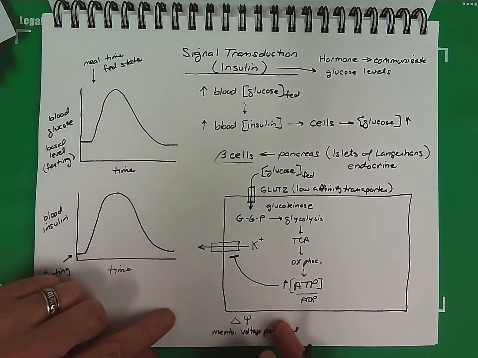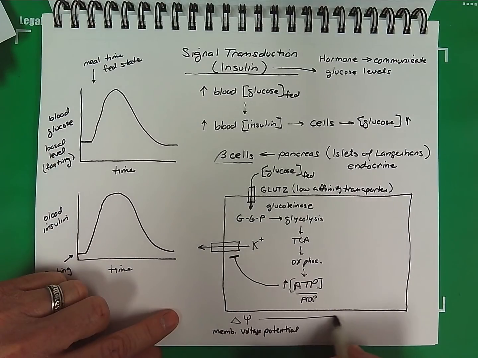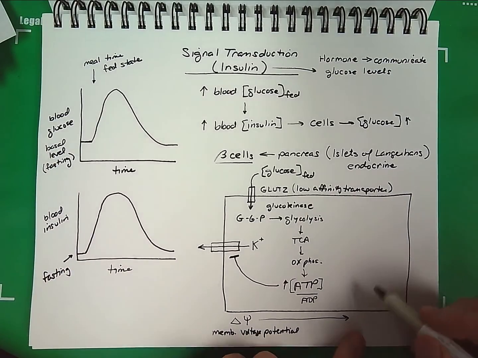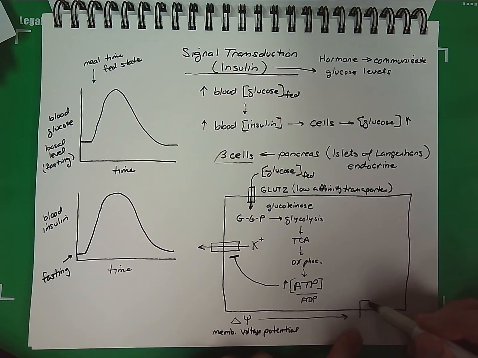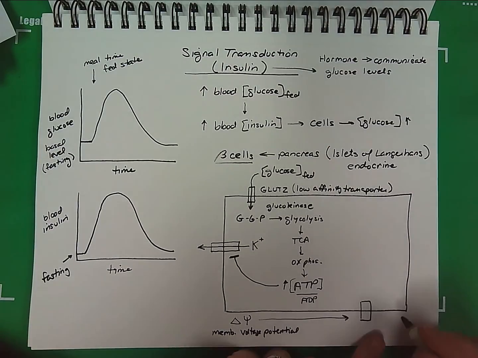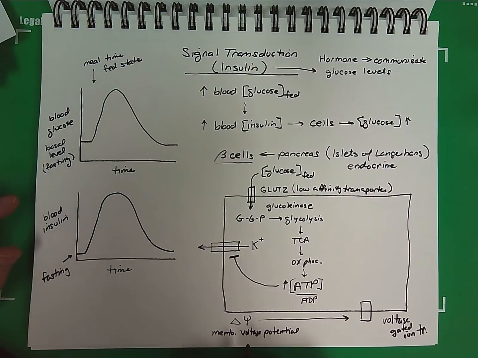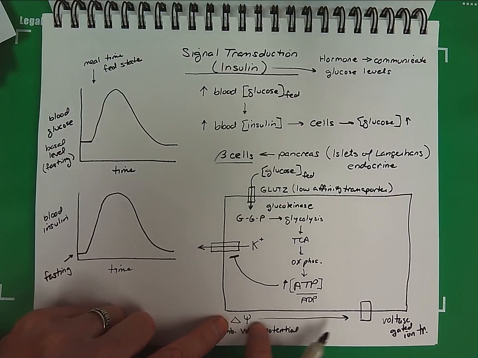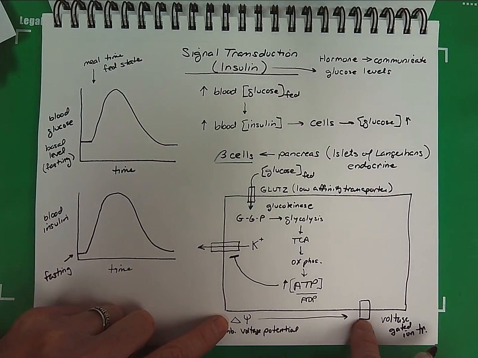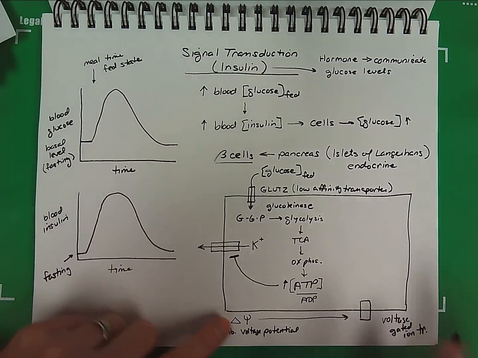This change in membrane potential is going to affect another transporter. This transporter is called a voltage-gated ion transporter. So the change in voltage potential across the membrane induces a conformational change in this facilitated transporter.